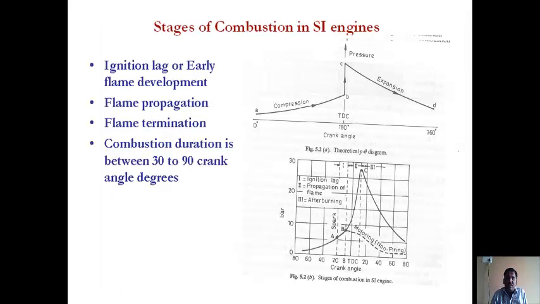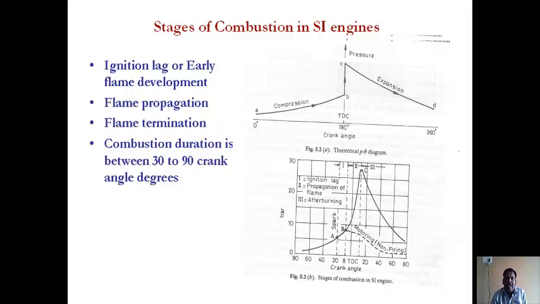The first stage is the ignition lag period, or early flame development. It is the first stage in all kinds of IC engines, whatever the fuel may be, petrol or diesel or CNG or LPG. The first stage of the combustion process in all kinds of hydrocarbon IC engine fuel is called the ignition lag or early flame development.